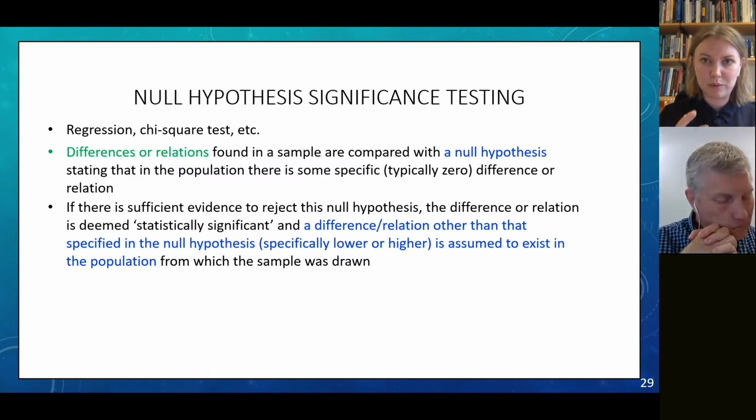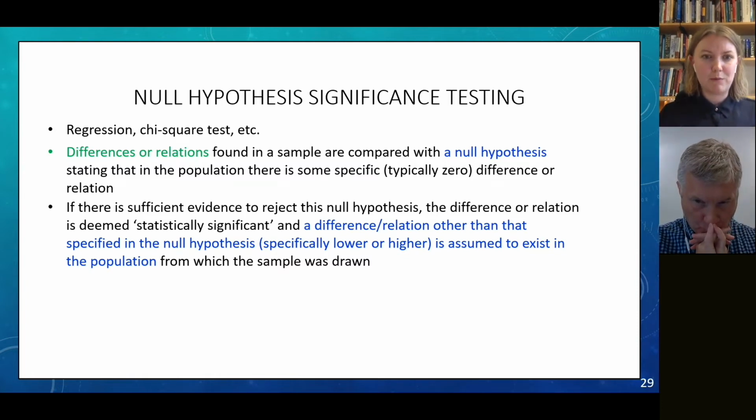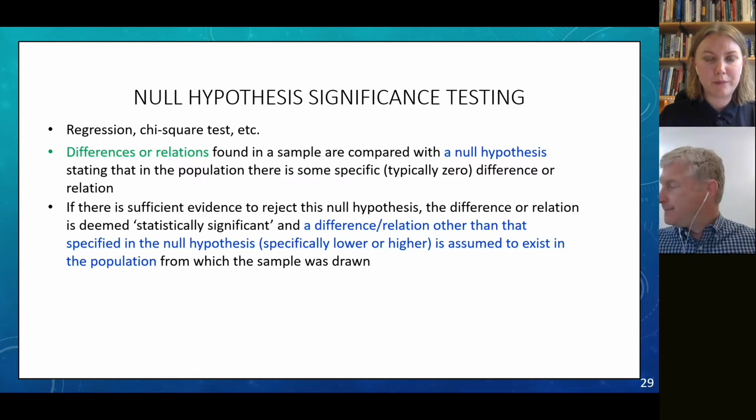I think we're all familiar with that. And then we say that if there's sufficient evidence to reject this null hypothesis, then the difference or relation is deemed statistically significant, and a difference or relation other than that specified in the null hypothesis, so higher or lower, is assumed to exist in the population from which the sample was drawn.